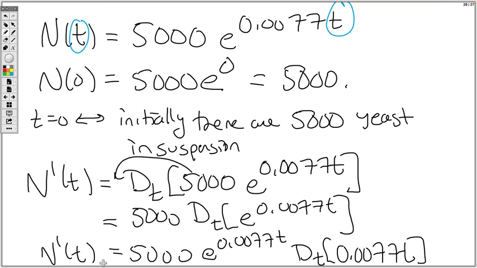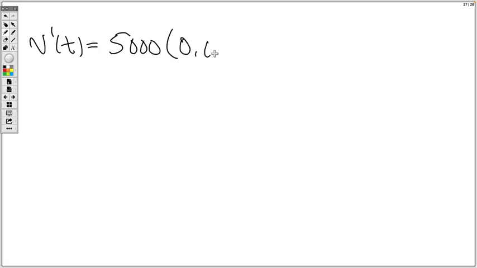And so what's the derivative of 0.0077t? 0.0077. I'm just going to keep this multiplied out because of what's coming later. And so that's our derivative.